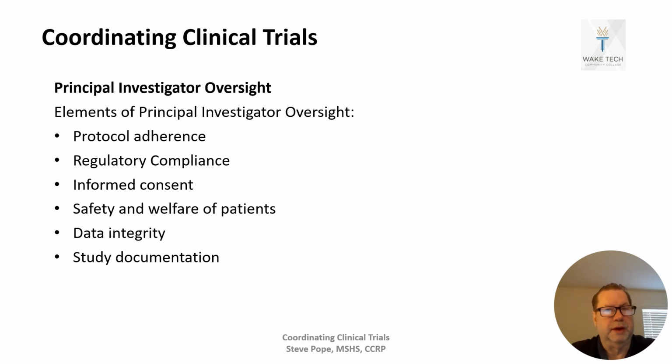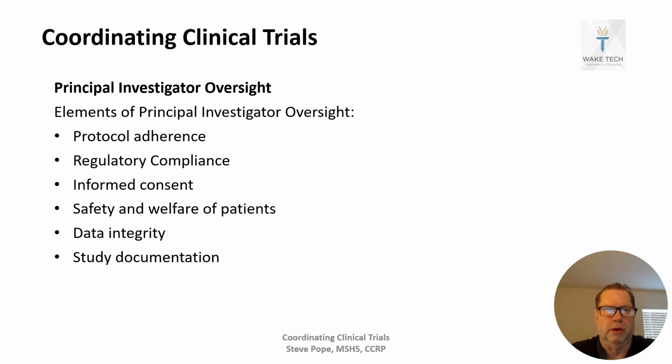Safety and welfare of patients. Even though the patient may have another primary care physician, the physician conducting the trial still has responsibility for the care of that patient while they're in the trial. Data integrity.